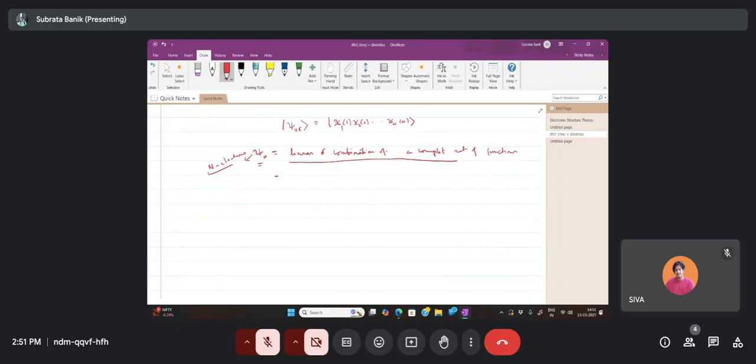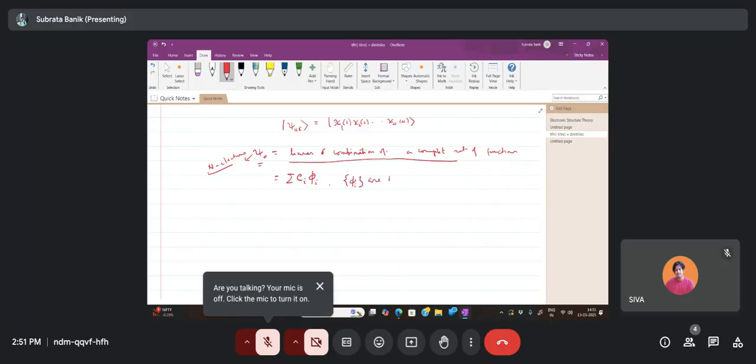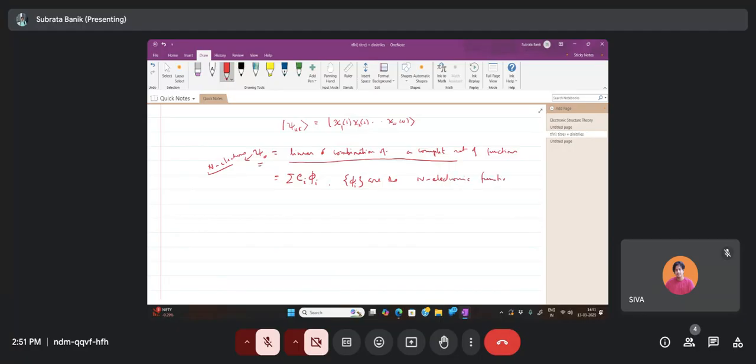So I can write this as some coefficient, let's say I am writing C_I phi_I, where the set of phi_I are the n electronic functions, right?